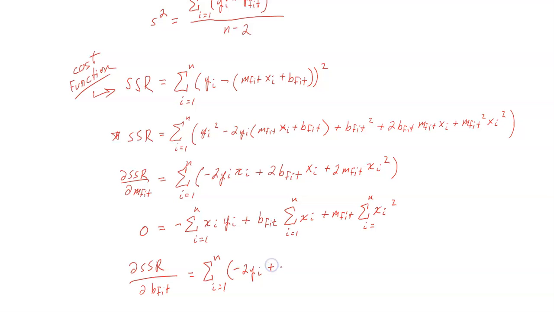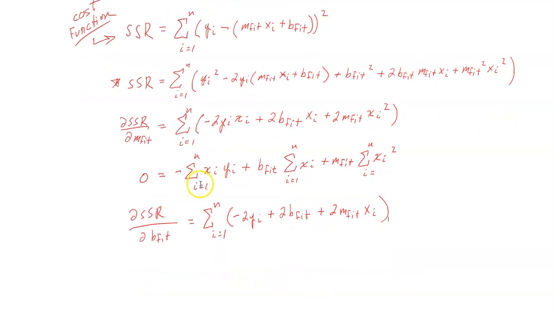So we'll get a plus 2 b fit. And then we have a 2 times b fit times m fit times xi, so that when we take that derivative, we'll get 2 times m fit times xi. Now we can set this derivative equal to 0.